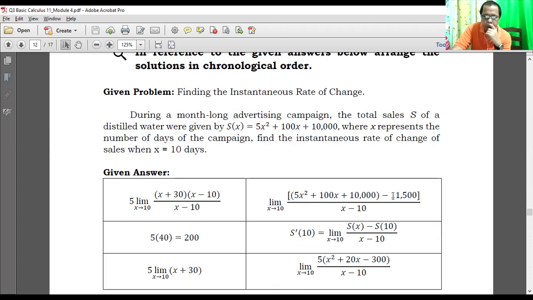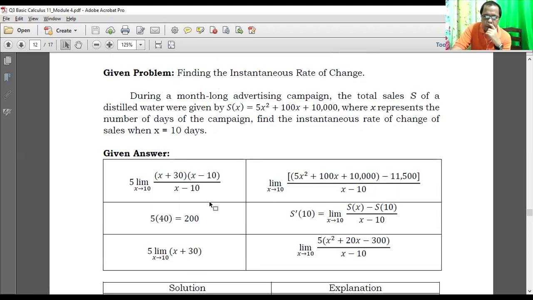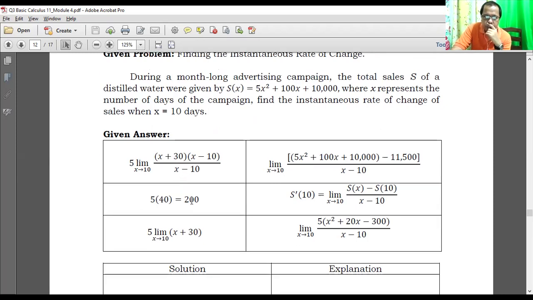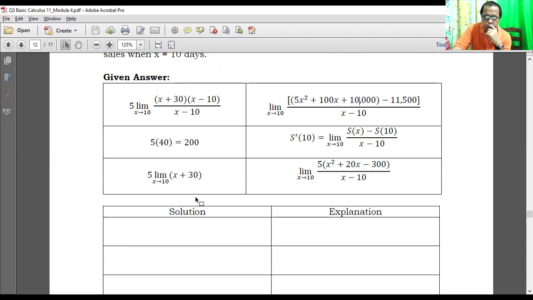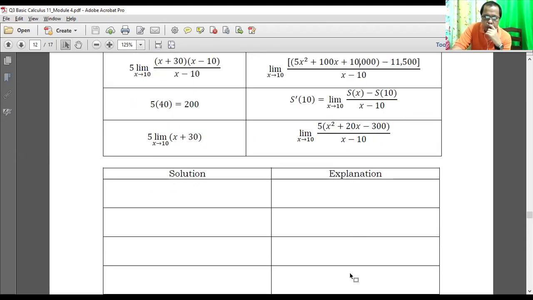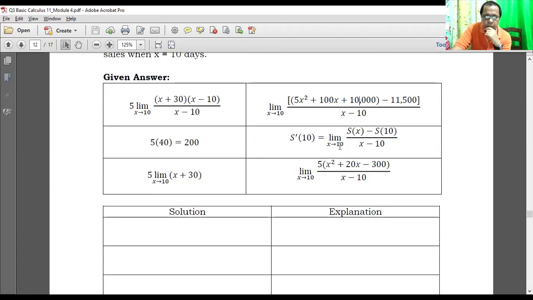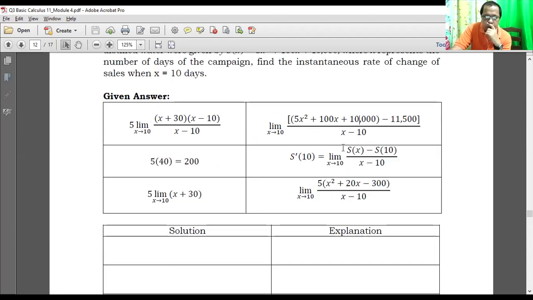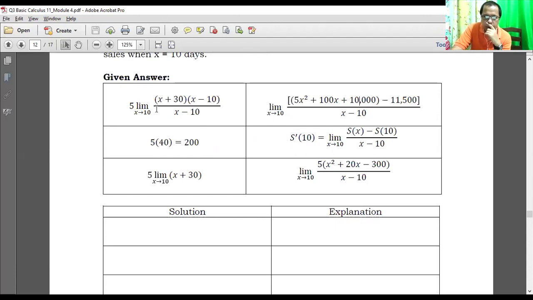Ang problema giunsa niya pagkuha ning 11.5. So ang 11.5 gi-substitute lang niya si 10 days sa imuhang function of x. Then mao ni siya, then x minus 10 kanina. Ay, explanation man diay yung require ani. So mao ni siya ang nahitabo.